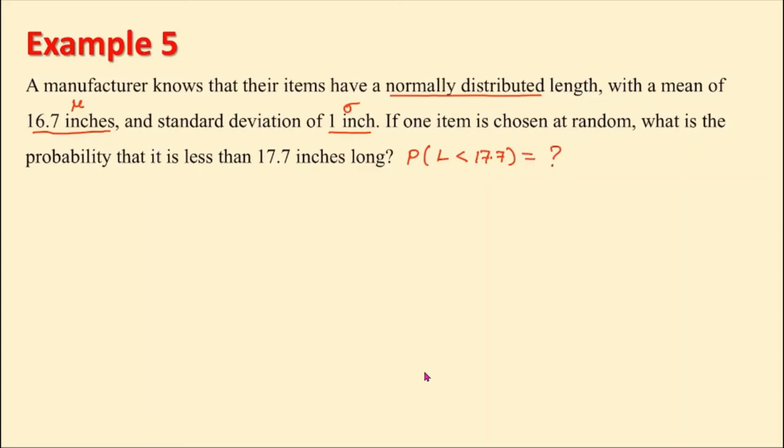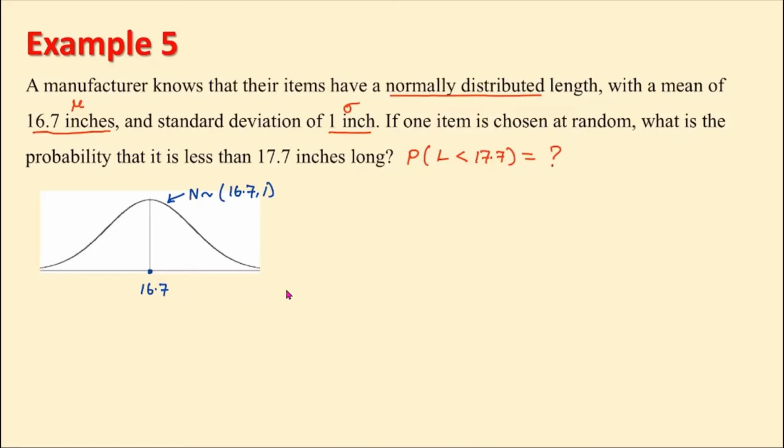In order to answer this question, first we are going to sketch the graph for the normal distribution. So that's my normal distribution, with the mean 16.7 inches, standard deviation 1. The value that goes here is 16.7. And we are asked to find the probability that the length is less than 17.7.